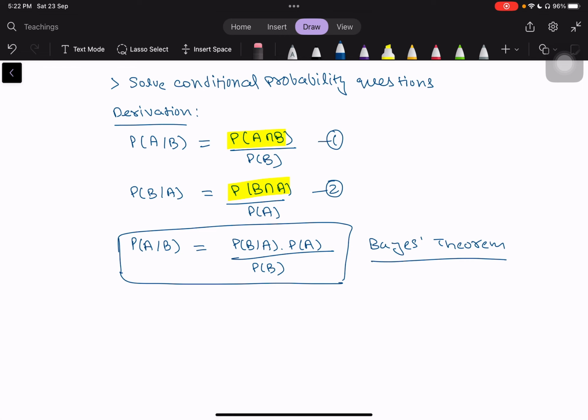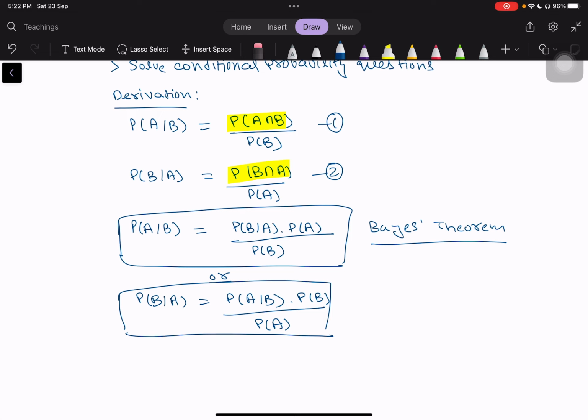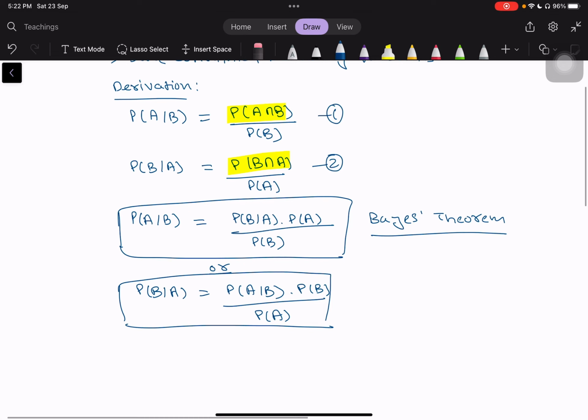So now, if we flip the events, we can say that probability B given A is equal to probability A given B into probability of B divided by probability of A. So now this is the theorem, and this is what we are going to apply in our questions.